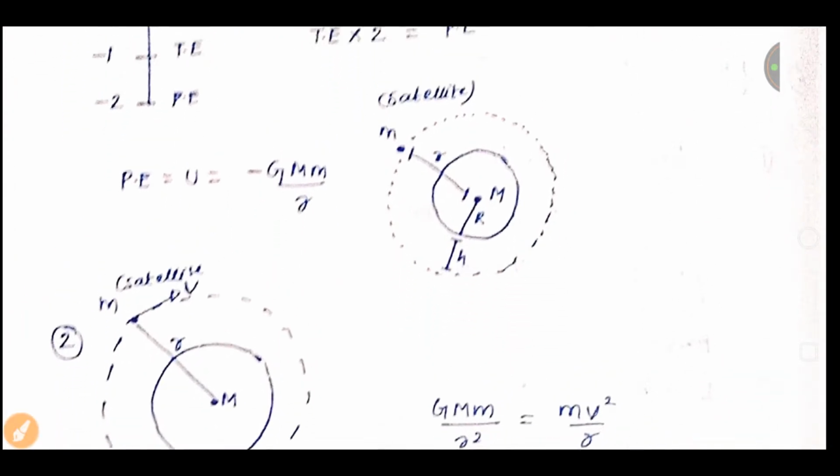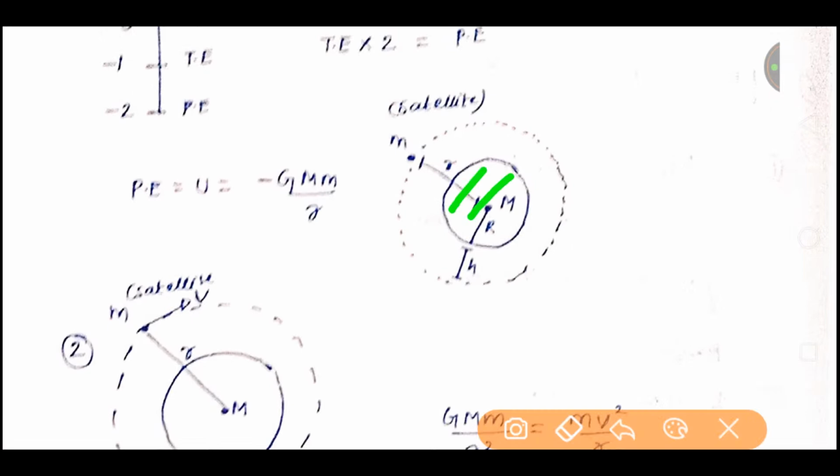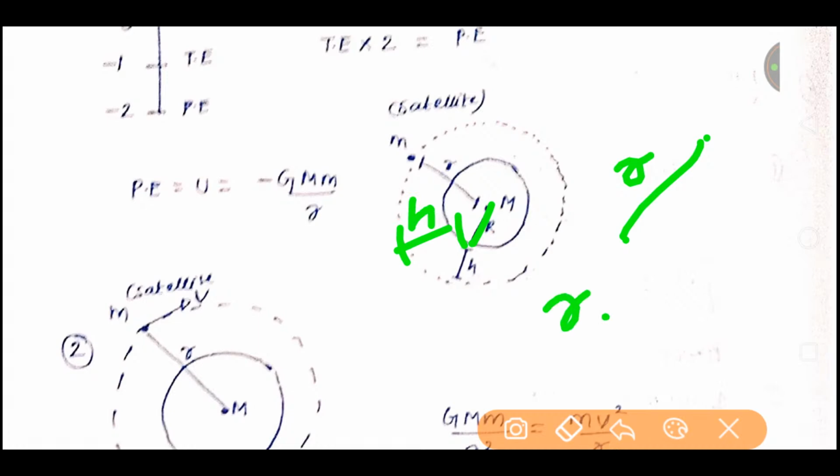Next, satellite. This is the Earth, having mass M. Now the satellite is rotating at distance r. What is the radius of Earth? Capital R. What is this height? H. So you can say r is equal to R plus H. Now potential energy U is equal to, what can we say?